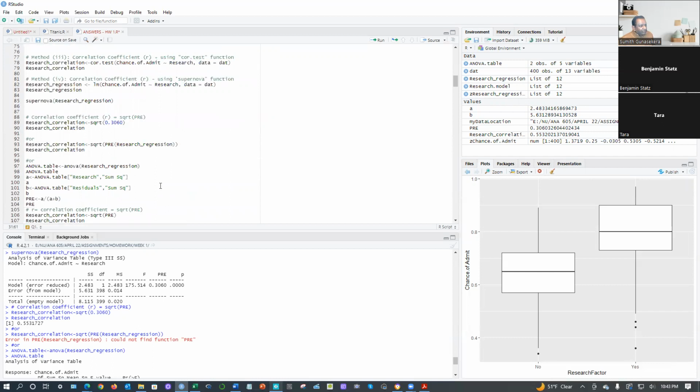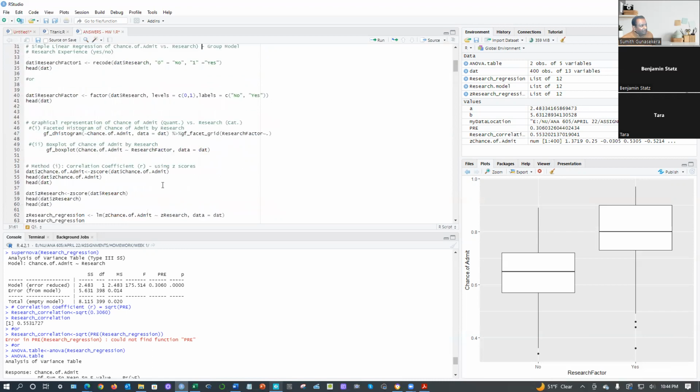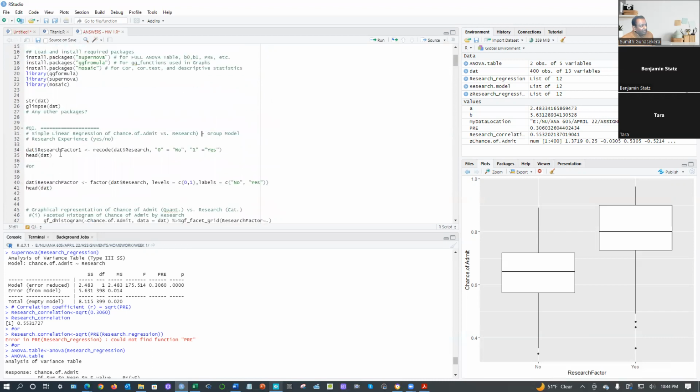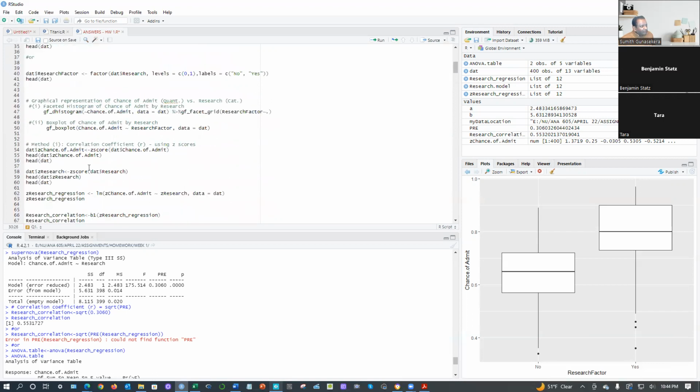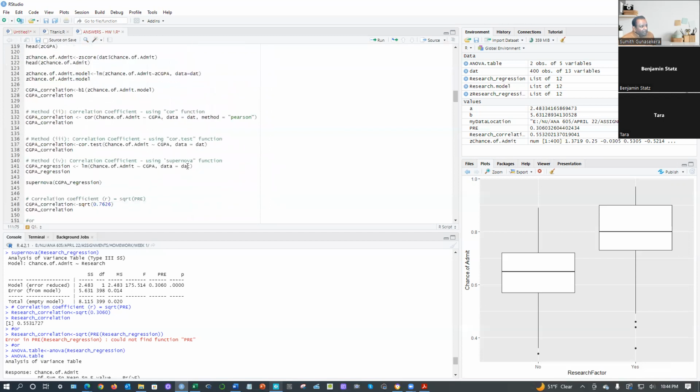Let's go to the second one. Model 1, model 2. No, not the group model; this one is a regression model, because chance of admit is quantitative and CGPA is quantitative. Regression model.